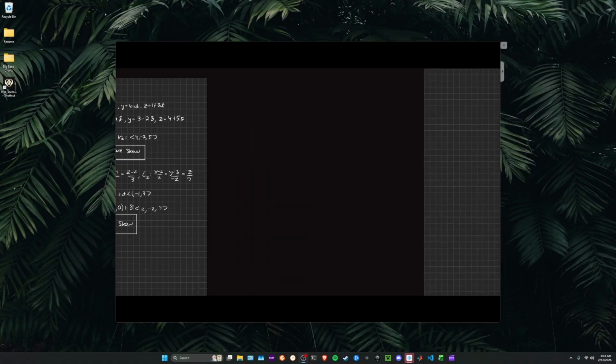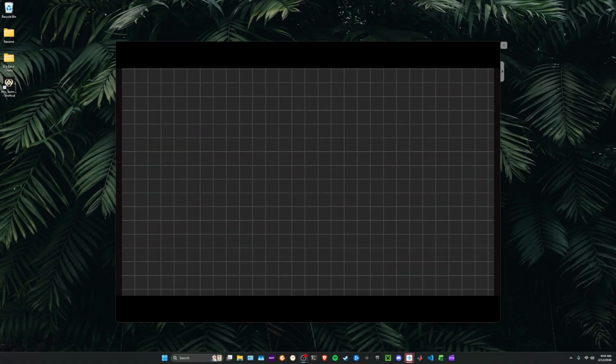So problem 24 is also asking about intersection points. So we're given a line given by the vector equation r is 1, 1, 0 plus t times 1, -1, 2.